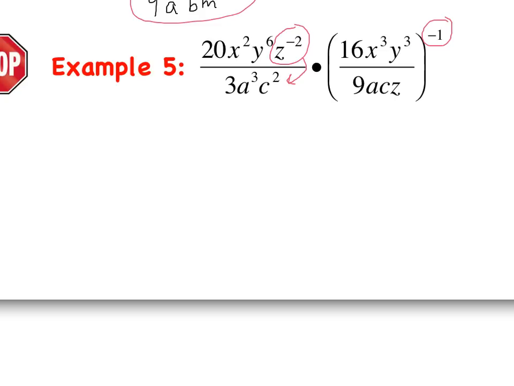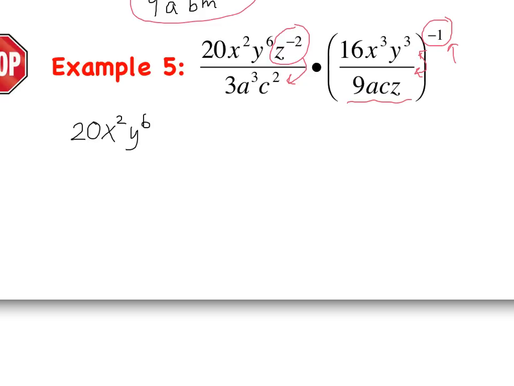So what we can do right away is this is saying everything inside of these parentheses is not happy. The whole thing's being raised to the negative 1. So what I can do is I can just switch the numerator and denominator, and then that will make this a positive 1.